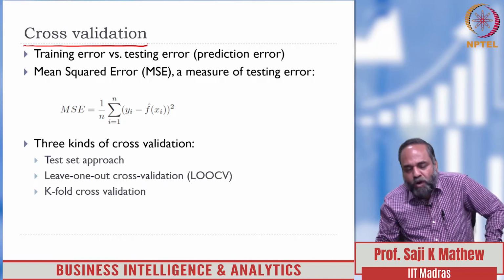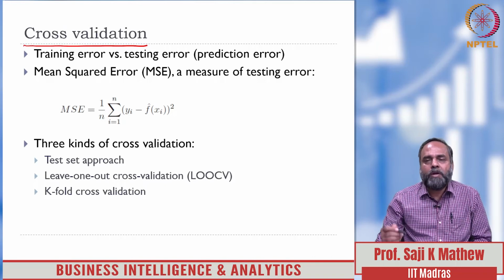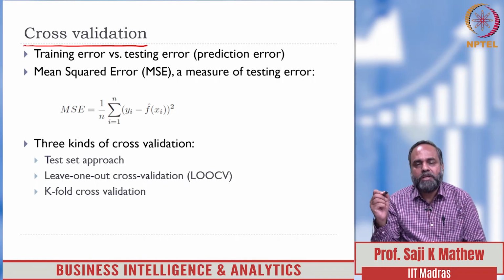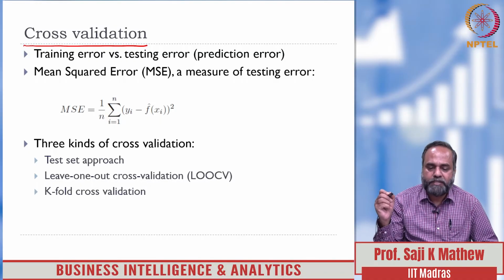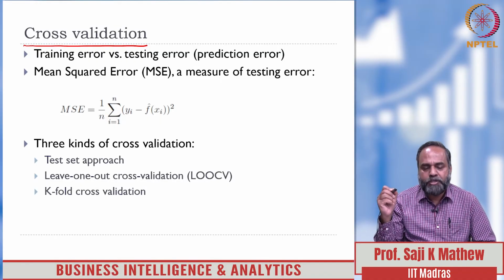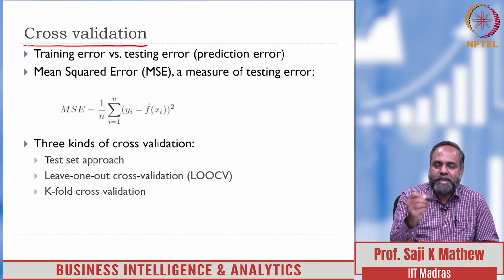Cross validation is what we discussed. You build a model and then you test the model using the same data set that you collected, depending on the nature of the model.